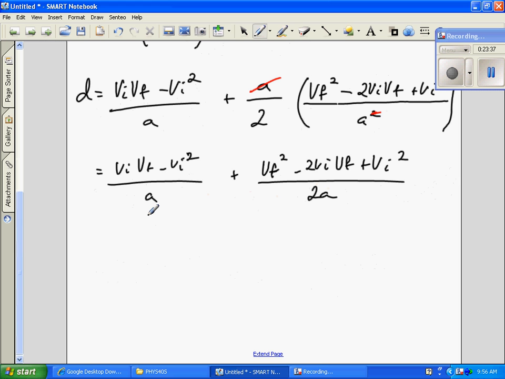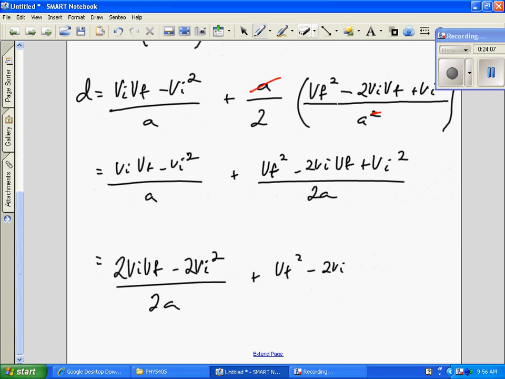So there's the bottom times 2. When I multiply the top by 2, I'm going to have 2 Vi Vf minus 2 Vi squared plus all of that again: Vf squared minus 2 Vi Vf plus Vi squared all over 2a.